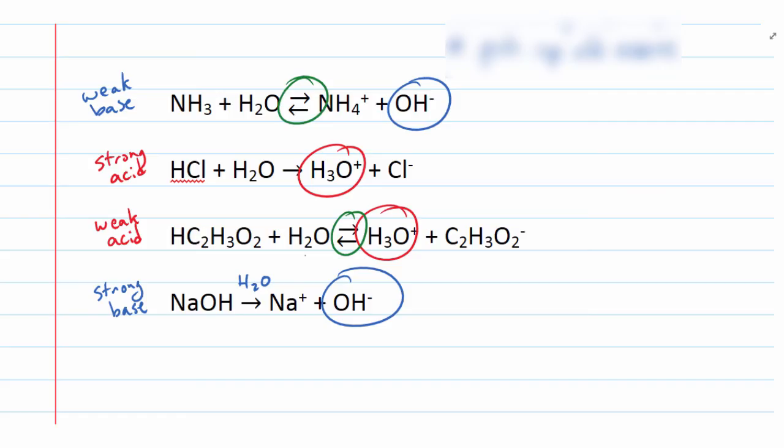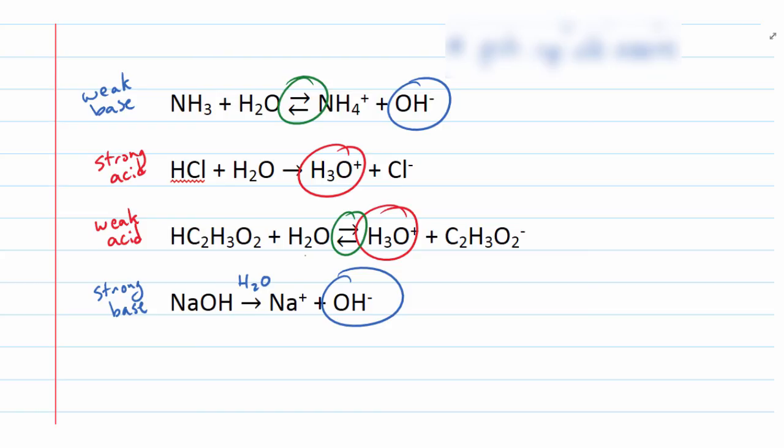And what that tells us is that there's not a lot of product, there's not a lot of ions in the solution. And what was the evidence that we had when we did the demos that showed us there were few ions in solution? Right, we had the dim light. So the weak base and the weak acid had the dim lights when we put them in solution. The strong acid and strong base had the brighter lights.